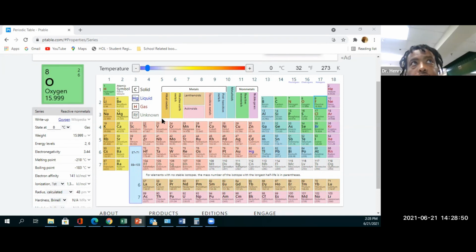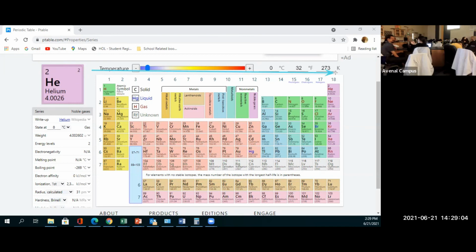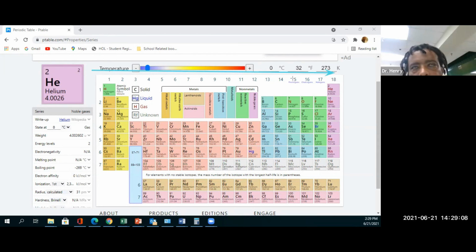electronegativity. So if we think about it, as we go from left to right, we would expect the ionization energy to increase or decrease. Is it going to be the energy it takes to remove one electron? This guy, he's not going to want to lose anything.